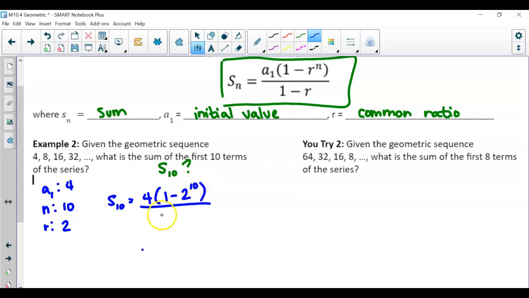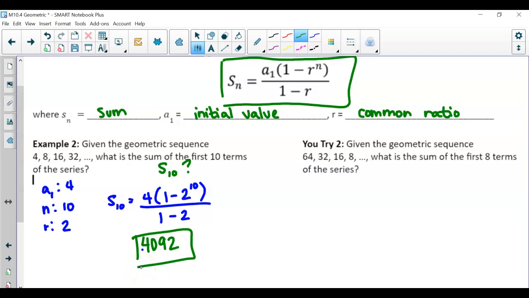Then we're going to divide that by 1 minus 2, that is R, your common ratio. And so here, putting that in the calculator, the sum of the first 10 terms is 4,092. So go ahead and pause the video now and try this.